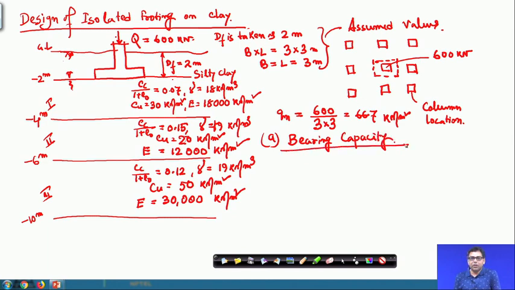As this foundation is resting on clay only, we have discussed a number of bearing capacity expressions: Terzaghi's, Meyerhof's, Hansen's, Vesic's and the IS code. But we have also discussed the Skempton bearing capacity expression, which can be used specifically for clay.